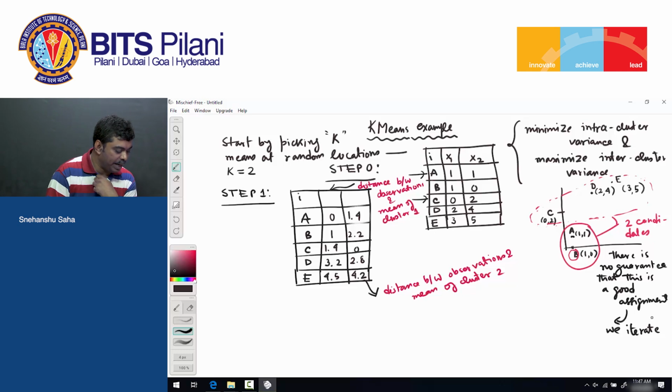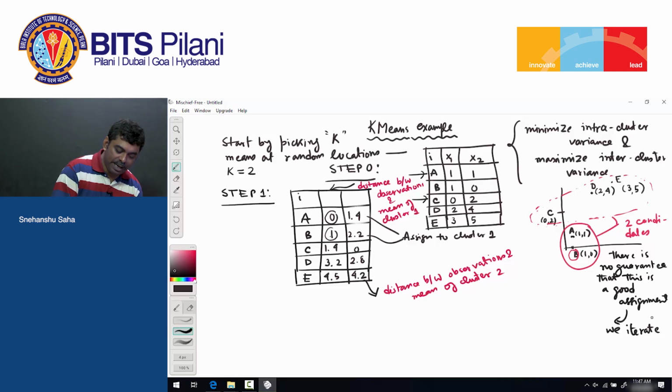The closest to A is A itself, because between these two values, this is the smallest. So we assign this to cluster 1. What do we do with the next row? Once again, between these two, this is the smallest, so we assign this to cluster 1 as well.